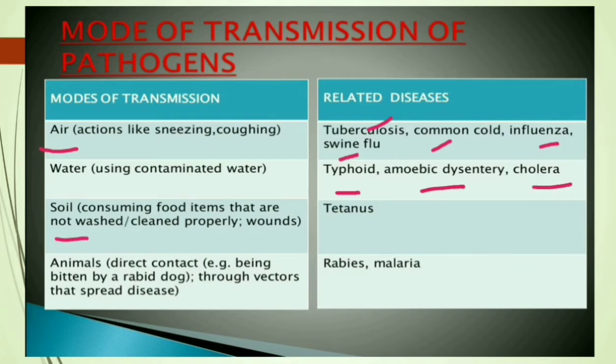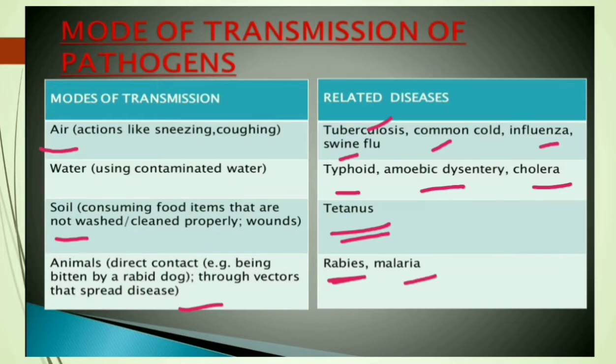Then soil. We know whenever we are playing in the ground and we get hurt, some injuries are caused to us, then immediately we go to the doctor and the doctor gives us an injection as a vaccination for tetanus, right? Then some animals like dogs, rabid dogs, cats, monkeys, etc., their bite causes rabies, and mosquito insect bites cause malaria.